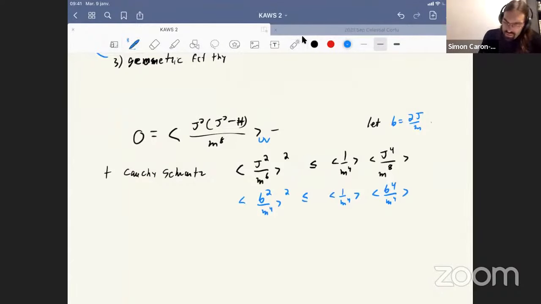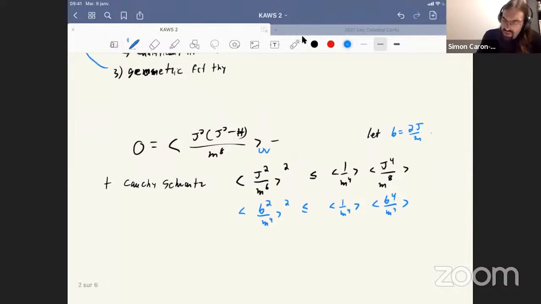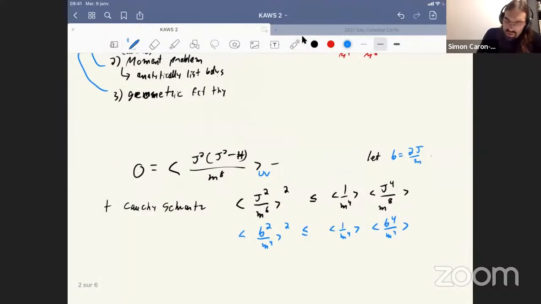Let me get it correctly. Exactly, yeah. This null constraint here tells us that the right-hand side is less than the average of 1 over M4 times a multiple of B squared over M4.